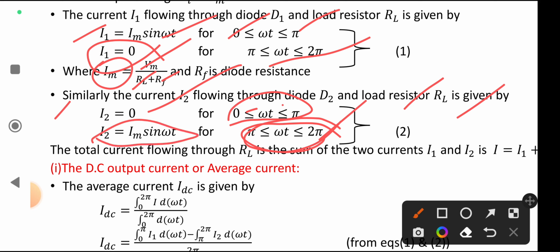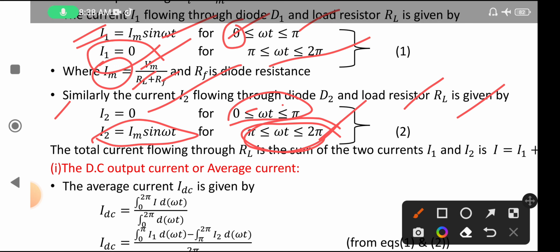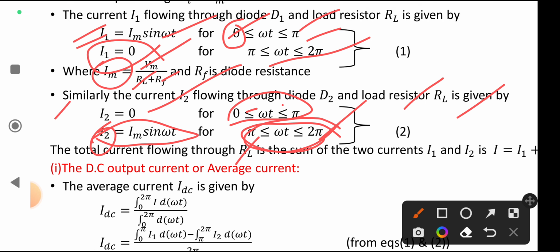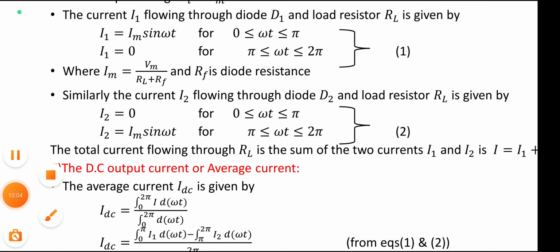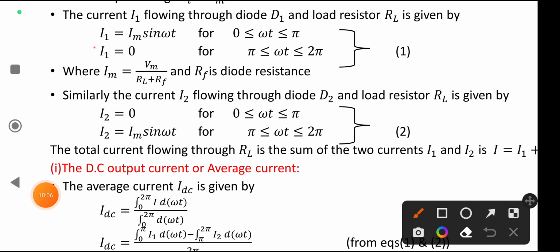Like this, we get two currents. I1 is from 0 to pi, and I2 is from pi to 2 pi. Don't forget this value, it is important and you must keep it in mind.